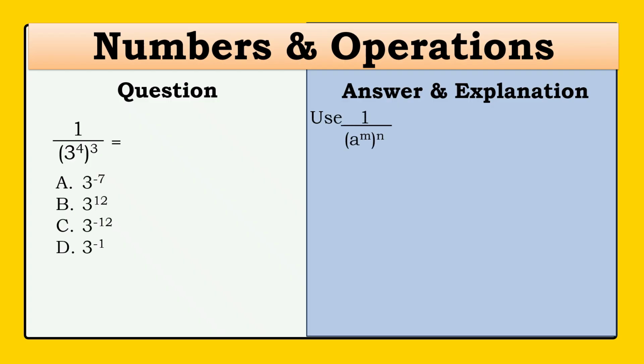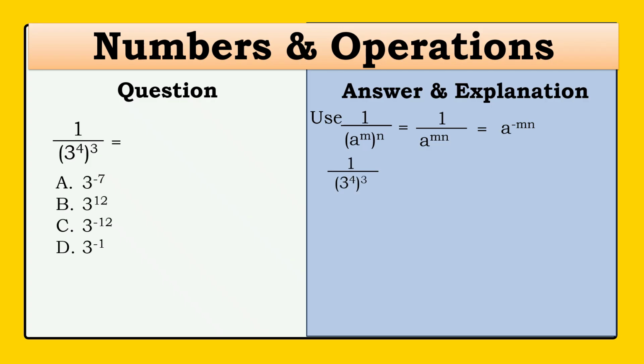Let's recall a law of exponents. 1 over the quantity of a to the m raised to the exponent of n is equal to 1 over a raised to the exponent of m times n. Or we can write this with a negative exponent, which is equal to a raised to the exponent of negative m times n. Now let's apply this to the expression.